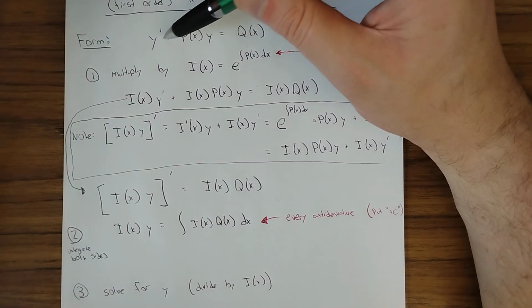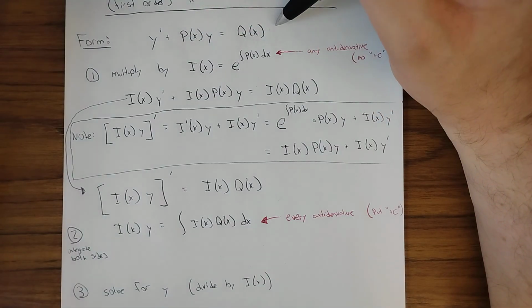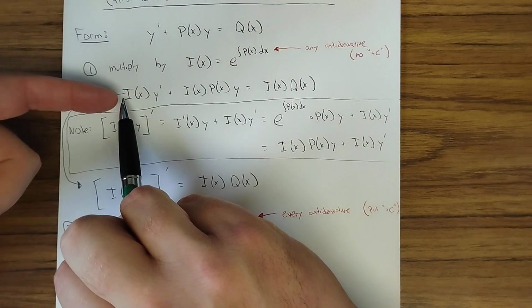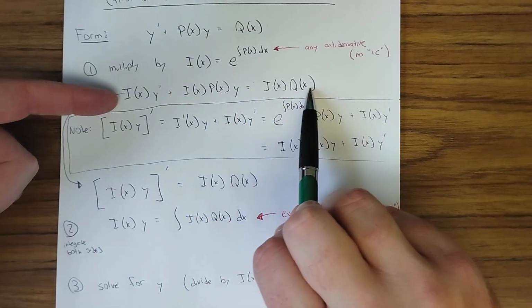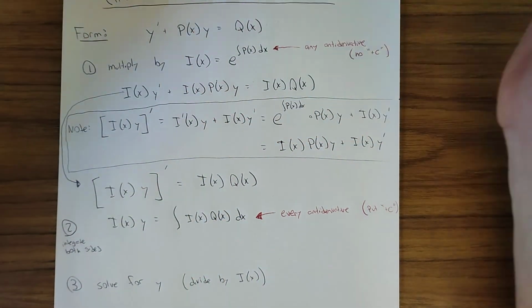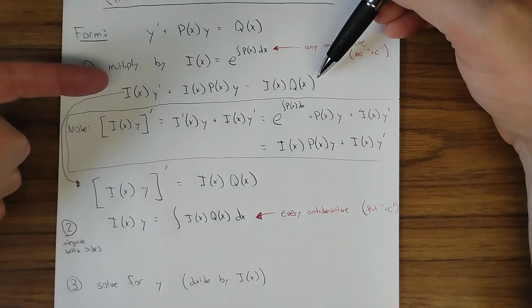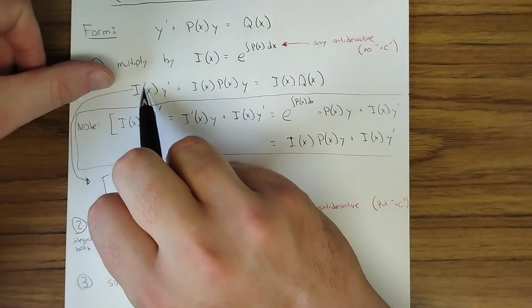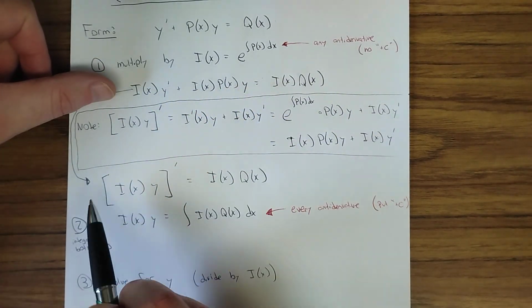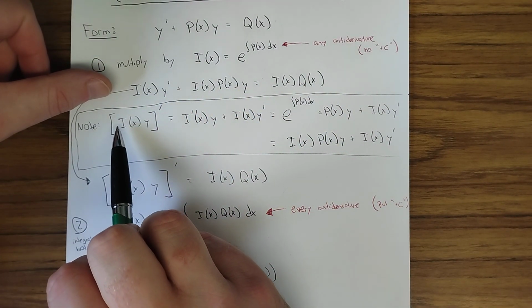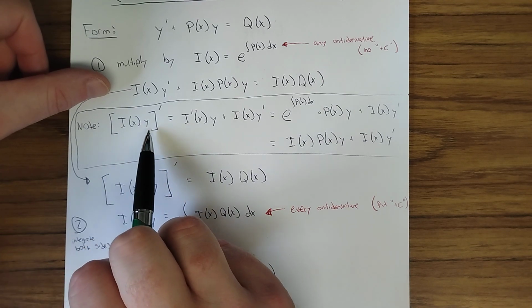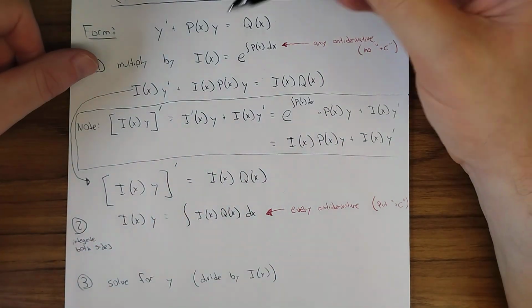What we're going to do is multiply both sides by I of x. So I just rewrote the same thing down here, except everything has an I of x on it now. And now here's the miracle that is the reason why this works. What you get on the left is the same thing as the derivative of I of x times y.